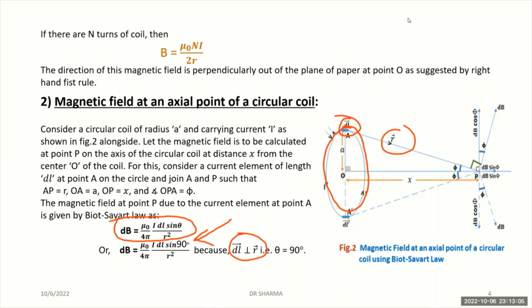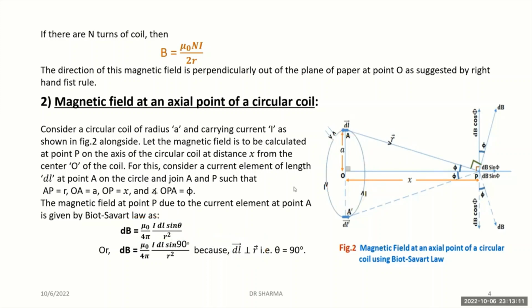So theta is 90 degree. Now after substituting this value, we get the simplified form in equation 1: dB is equal to mu naught by 4 pi I dl upon r square.